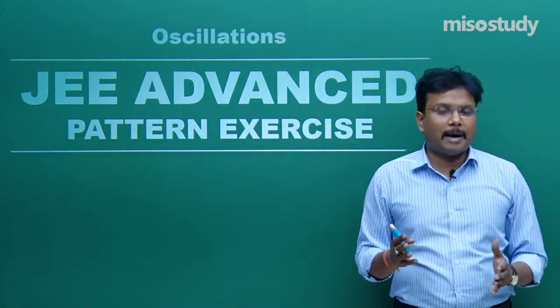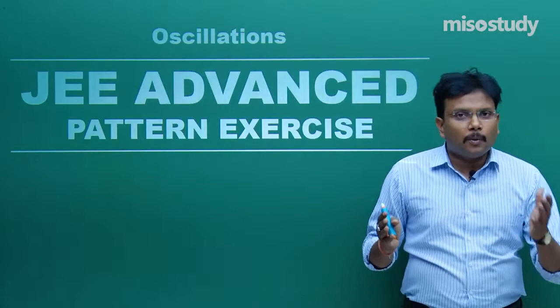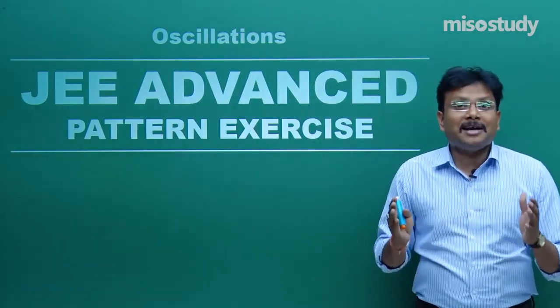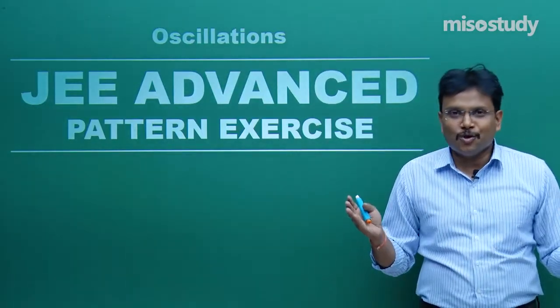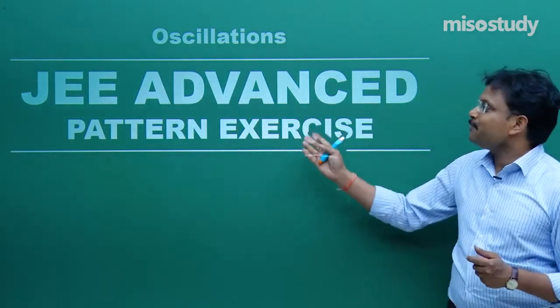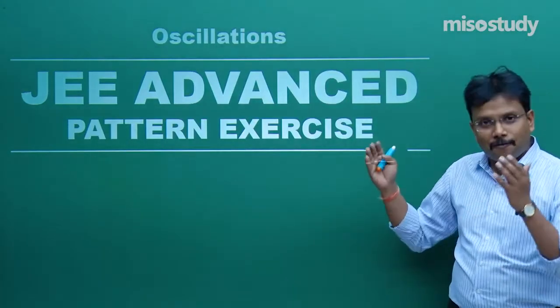It may be matrix match, more than one option correct, only one correct option, paragraph based, or integer based. IIT professors love to ask various types of questions, so I will also try my best to accommodate all those types.